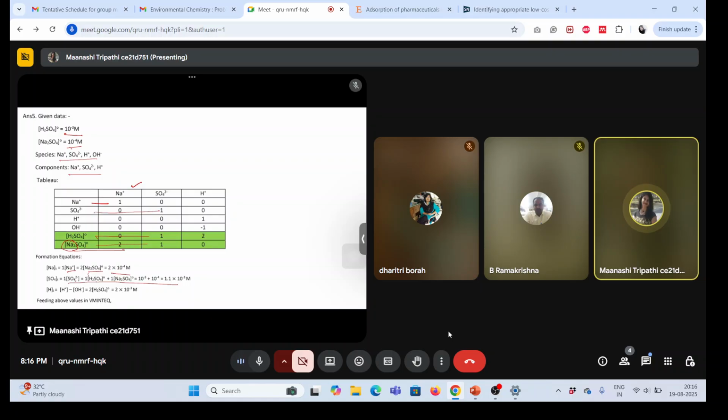So that is why 1, 1, 1, and we will get these values. And H total is minus 1 from OH and 2 from here, and 1 from H plus. So very simple. We have Na, SO4, all these values. We can solve this also, but it will be easier to solve it using Visual Minteq.